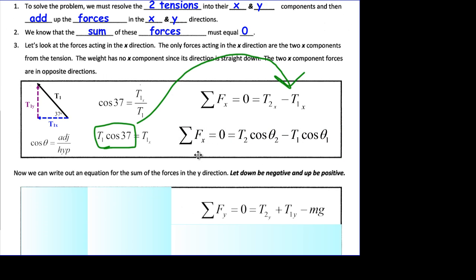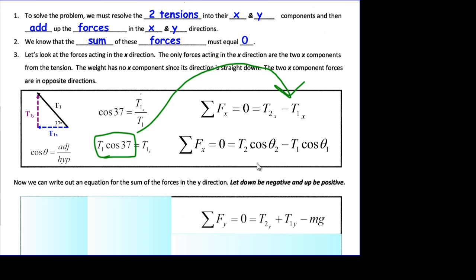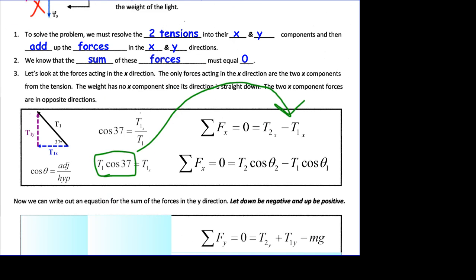So you can see now that the sum of the forces in the x has T2 cosine theta 2 minus T1 cosine theta 1. Theta 2 is going to be 53 degrees, and for the other we're going to put in, what was it, 37 degrees.